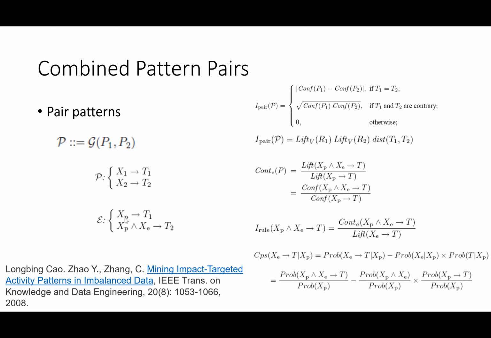And if this is a pair, we can calculate the contribution of XE this way: you have the lift of XP plus XE leading to T, and the lift of XP leading to T, you take the difference, and then use this to measure to what extent XE contributed to this T, be it T2 or T1.